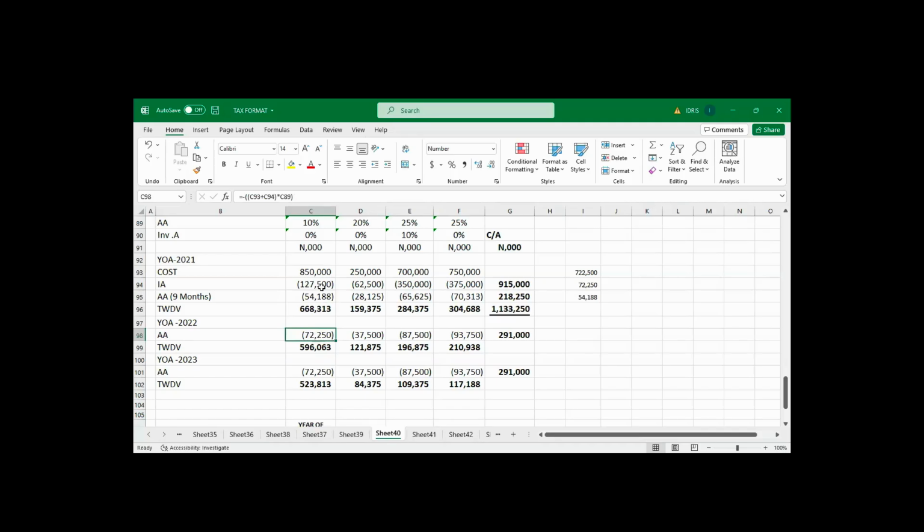Or you can say 850 minus 127,500 divided by 10, it will give you 72,250, because second year annual allowance is going to be 12-month annual allowance. So at the end of the day, your capital allowance for the second year is going to be 291, which is the summation of all the annual allowance.